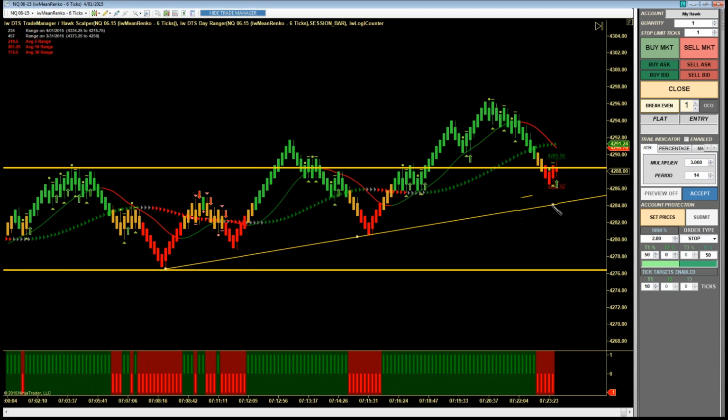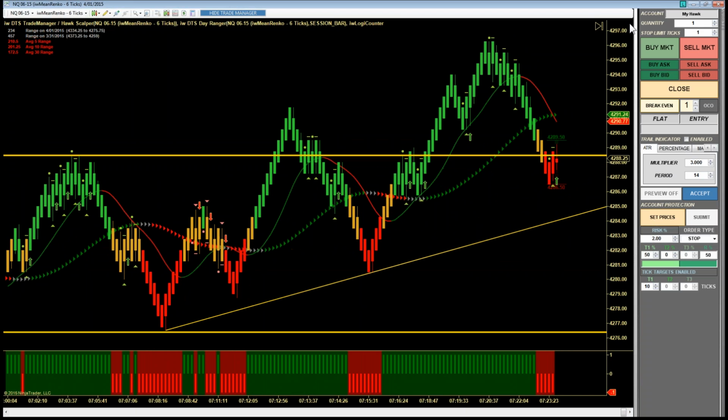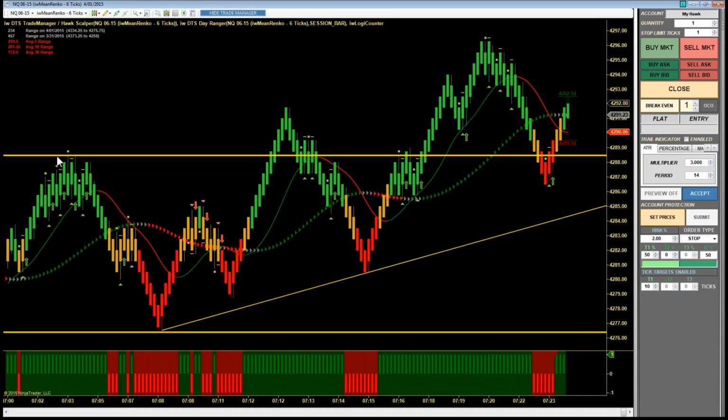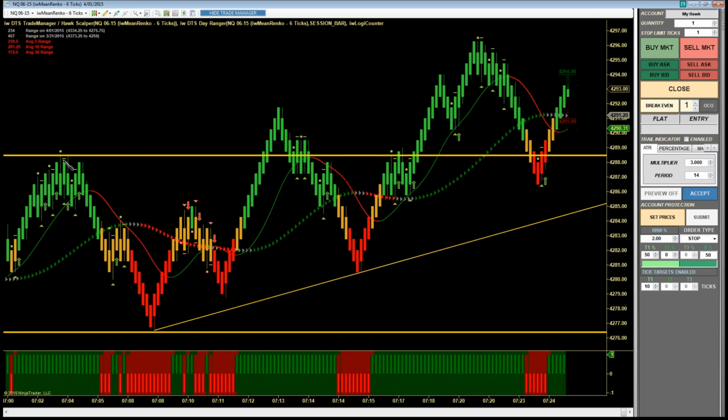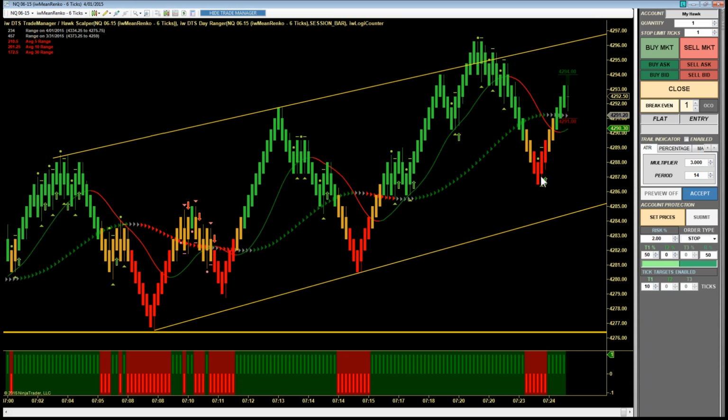Now let's shoot a trend line here just for kicks. Okay, so here's that red bar buy.